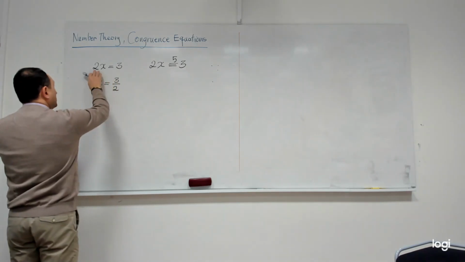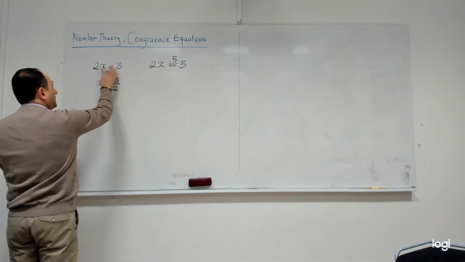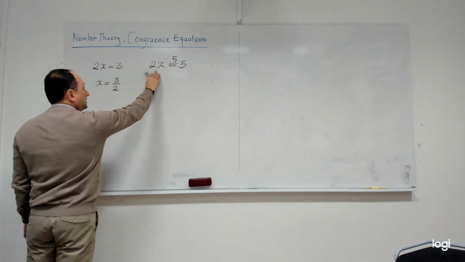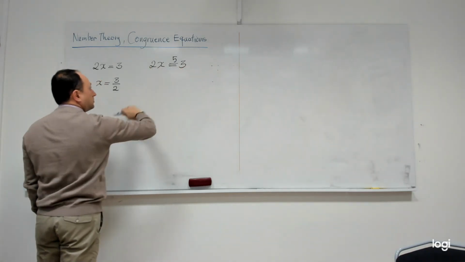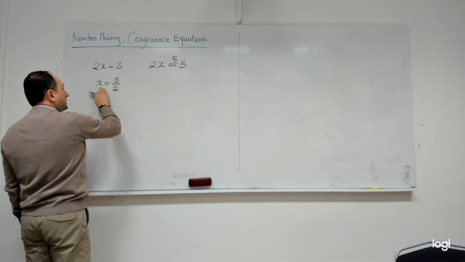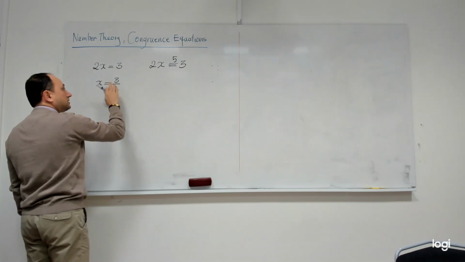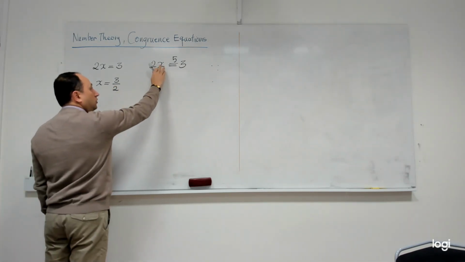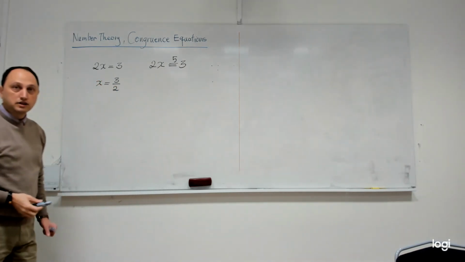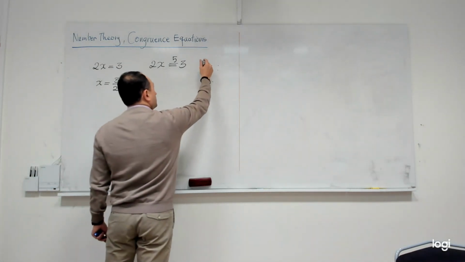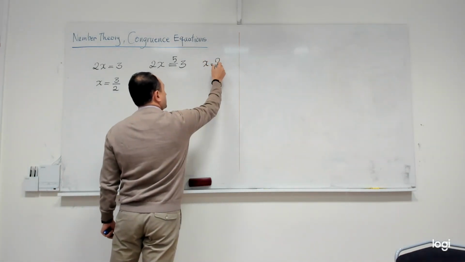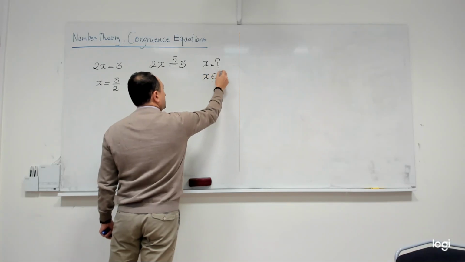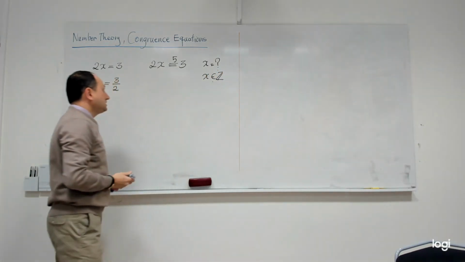Here I could have given you non-integer numbers, but here I have to give you integer numbers. Here you could find a number which is not an integer and it is still acceptable, but here you are only looking for integer values. So can we find x so that x is an integer or not? That is actually the question.